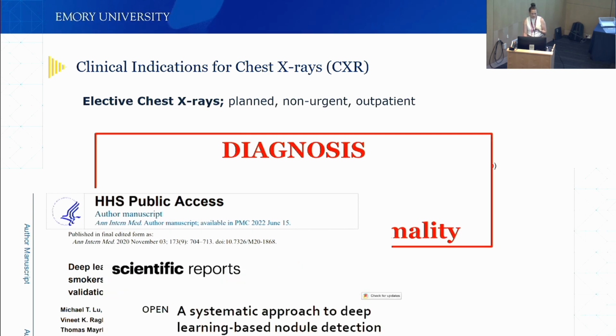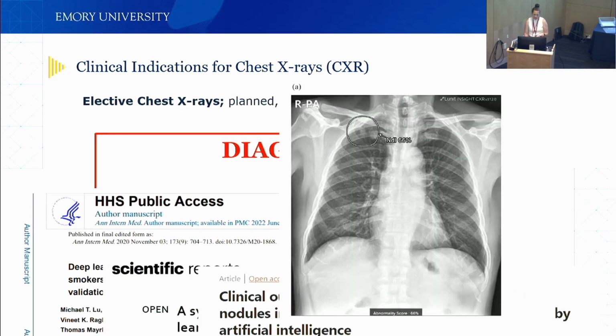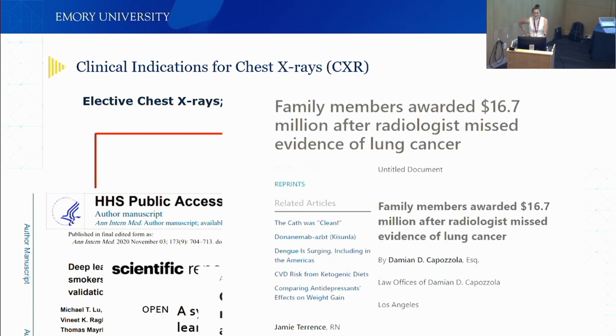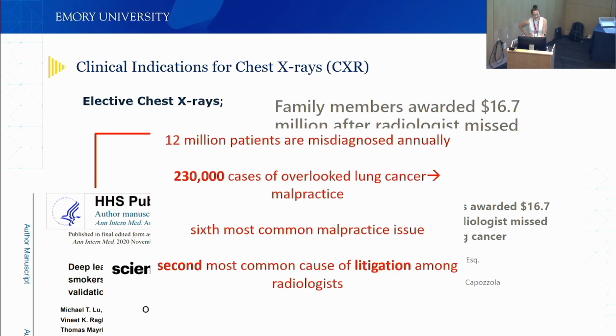And then we have a lot of these screening for lung nodules. Again, this is a lung nodule here, and the algorithm just points it out, gives like a malignancy or abnormality score, sort of alerts the radiologist to look at it. The reason why we do so much lung cancer screening with AI is mostly because of these things. 16.7 million after missed lung nodule on a chest x-ray.